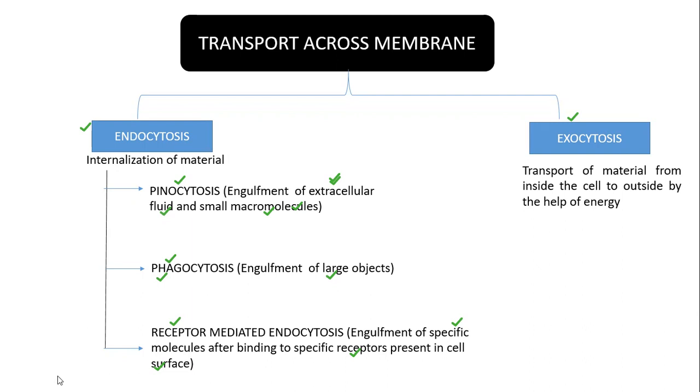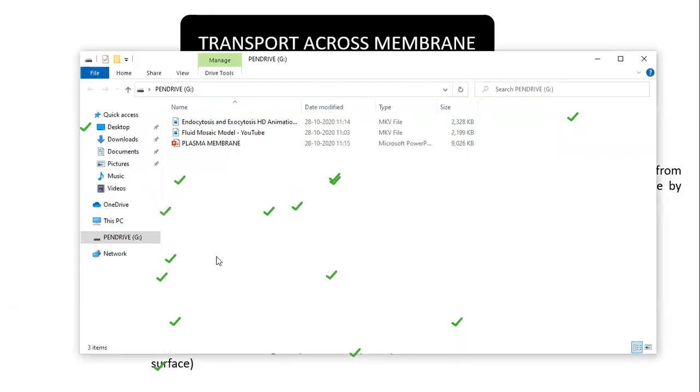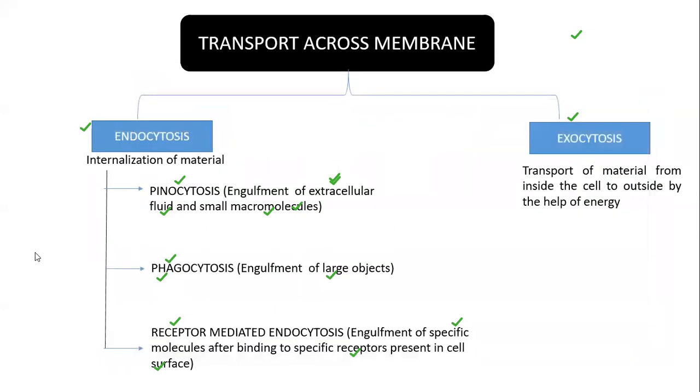So there are basically three types of endocytosis: pinocytosis or cell drinking, engulfment of extracellular fluid; phagocytosis or cell eating, engulfment of large objects; and receptor mediated endocytosis, which is engulfment of specific molecules after binding to specific receptors. And the last one is exocytosis.